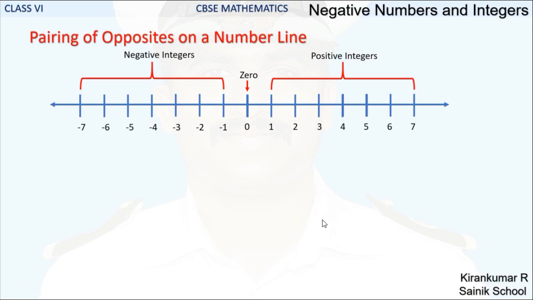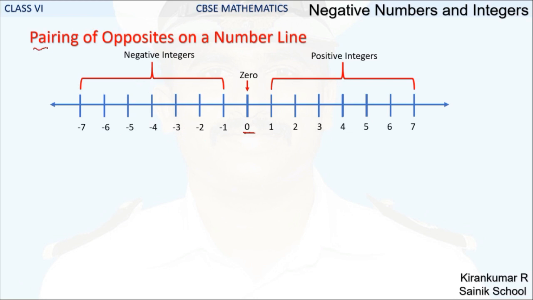Have a look at this. On a number line, we have 0 at the center. Then we have positive integers towards the right hand side and the negative integers towards the left hand side.